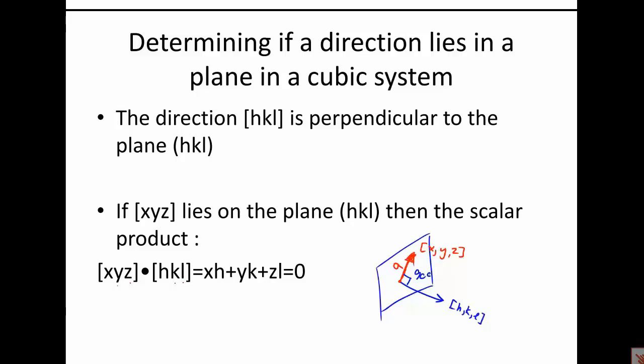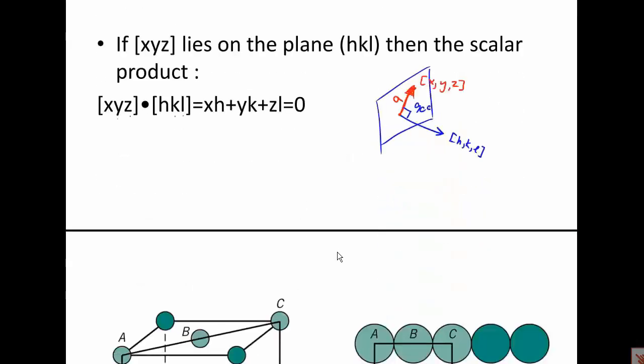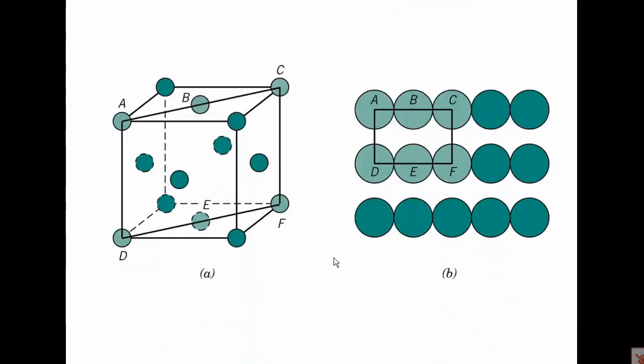If that equals 0, that means that the direction xyz lies on the plane HKL. And here we see some examples of the plane. This is the plane drawn in 2 dimensions and then shown in 3 dimensions of how it relates to the unit cell.